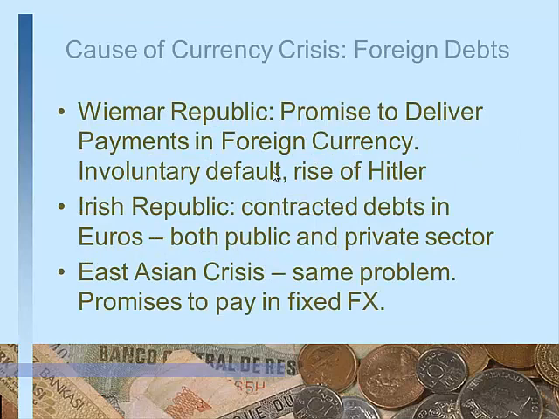So the causes of currency crisis are, generally speaking, obligations in foreign currencies. The Weimar Republic went into hyperinflation because they had too many commitments they had to meet. At the end of World War I, Germany was forced to pay massive reparations.